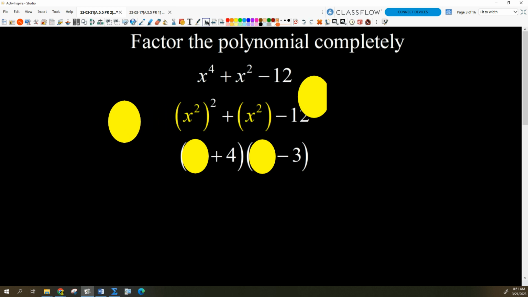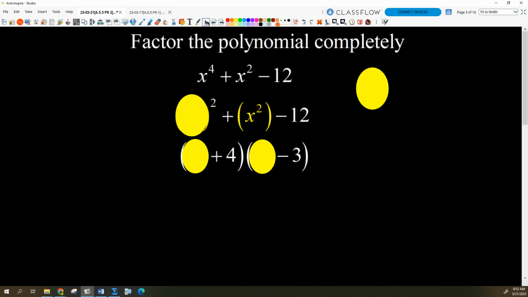Could I do that? Well, yeah, I could, right? I could break this into x squared squared plus x squared to the 1, and it looks normal, right? Now, if I cover up those x squareds with these, I don't know, what are these, yellow eggs? It looks like a regular old trinomial, right? Where I've just maybe covered up an x or a u or a y, right?